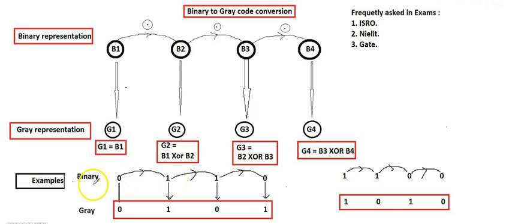So let's take examples, which will make this more clear. 0, 1, 1, 0. This is the binary representation of decimal 6. You can see 0, as I have just copied it here.